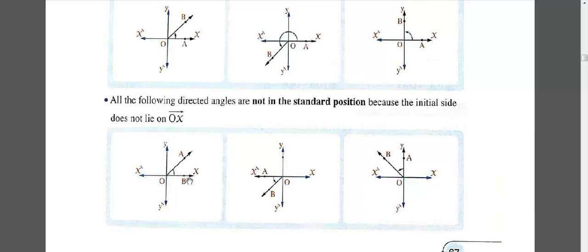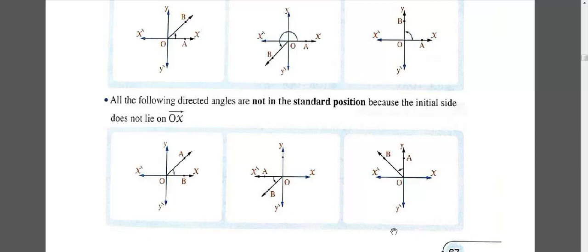In this figure, the directed angle AOP is not in the standard position because OA doesn't lie on OX.